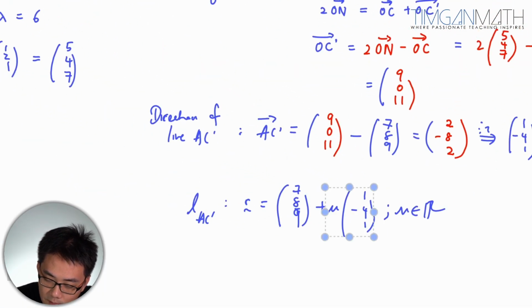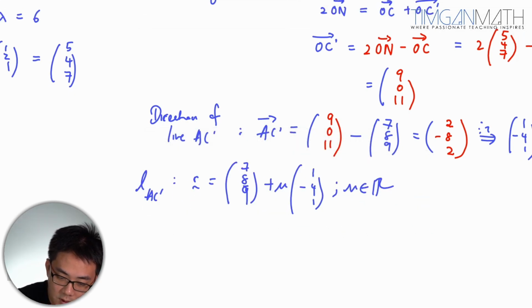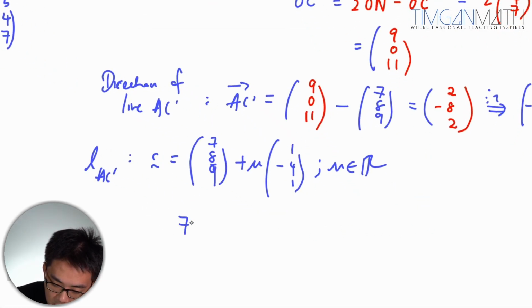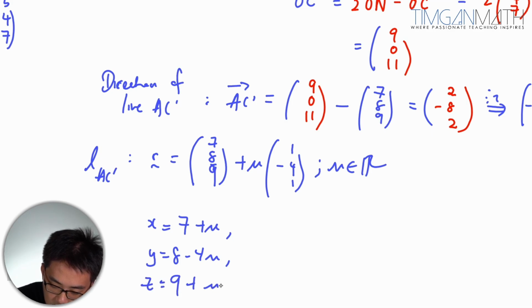So for the Cartesian form, just remember that Cartesian form will be x equals 7 plus mu, y equals 8 minus 4 mu, and z equals 9 plus mu.